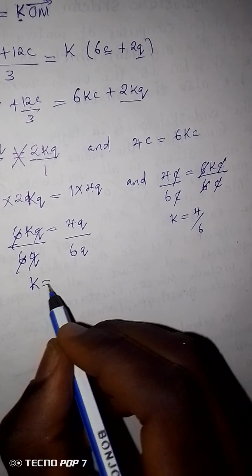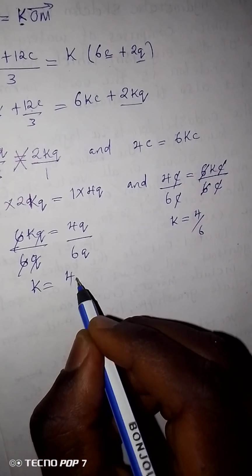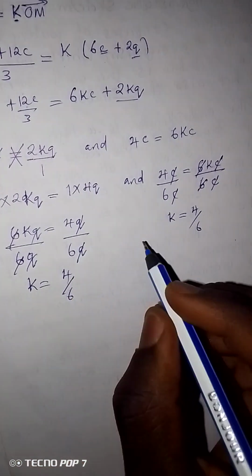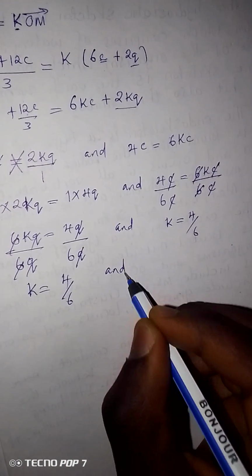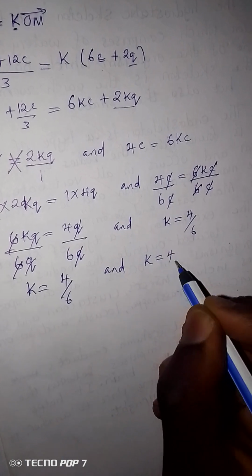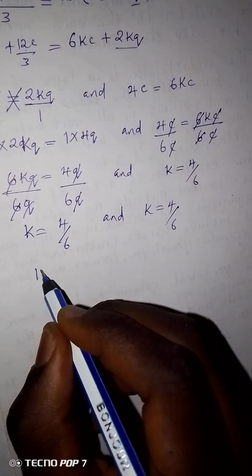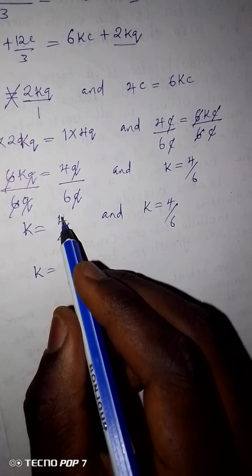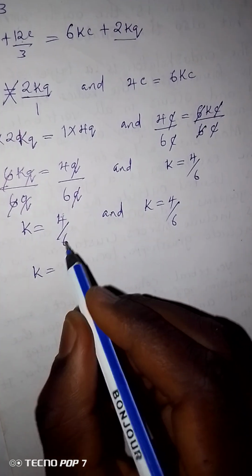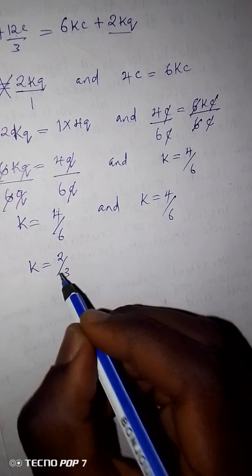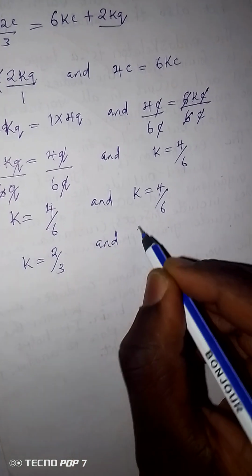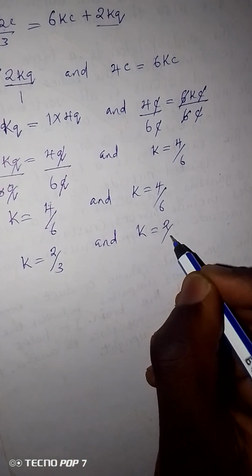So k will be equal to 4 over 6. Okay, this q will be cancelled, and here is what? 4 over 6. Then you simplify them. Which number can go into 4 and 6 without leaving a remainder? That's what? 2. 2 into 4, that's 2. 2 into 6, 3. And 2 just the same, even that side, eh?